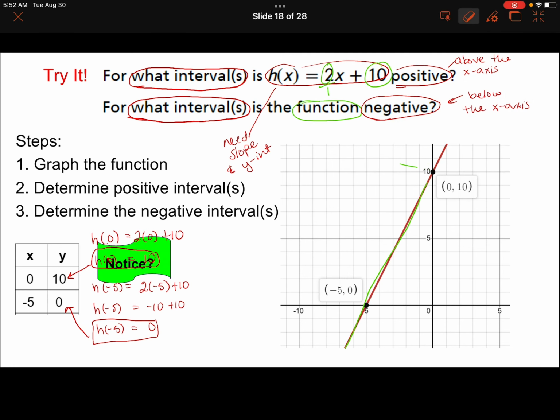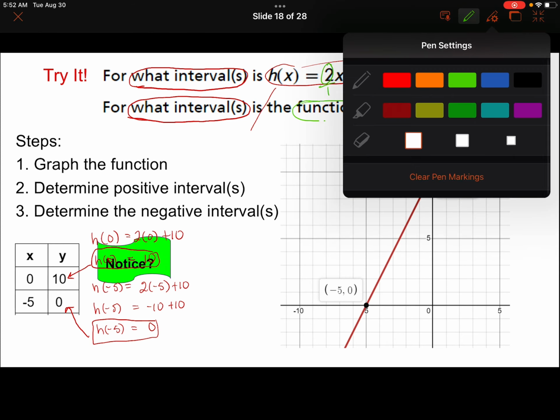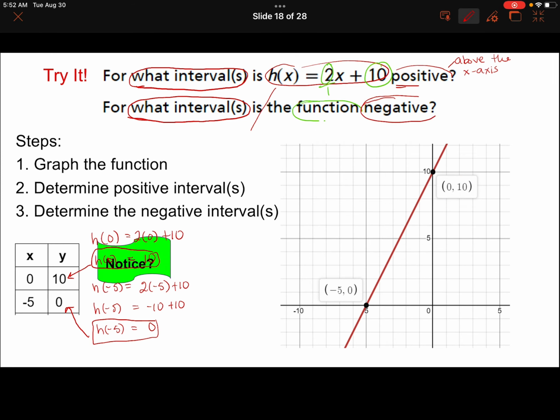So what intervals is it positive and what intervals is it negative? So it says the positive interval is above the x-axis.